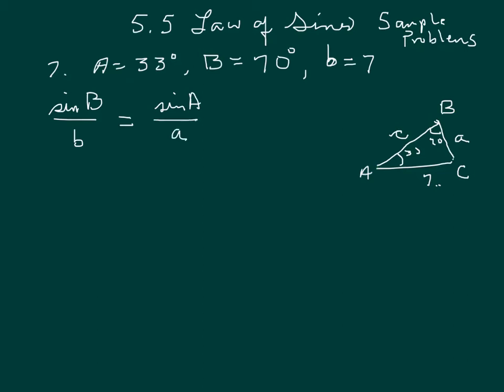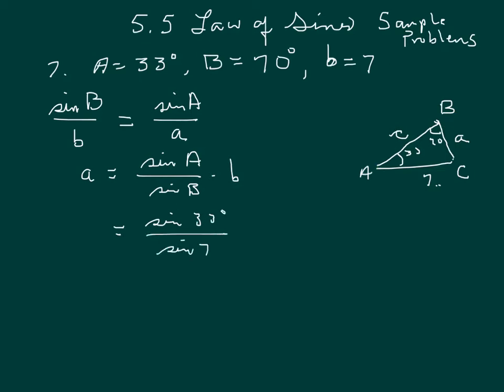Let's solve for little a because we know the big angle A. We solve for a and we get that equal to the sine of A over the sine of B times the side b. That's going to be equal to the sine of 33 degrees over sine 70 degrees multiplied by 7, and that comes out to 4.3.